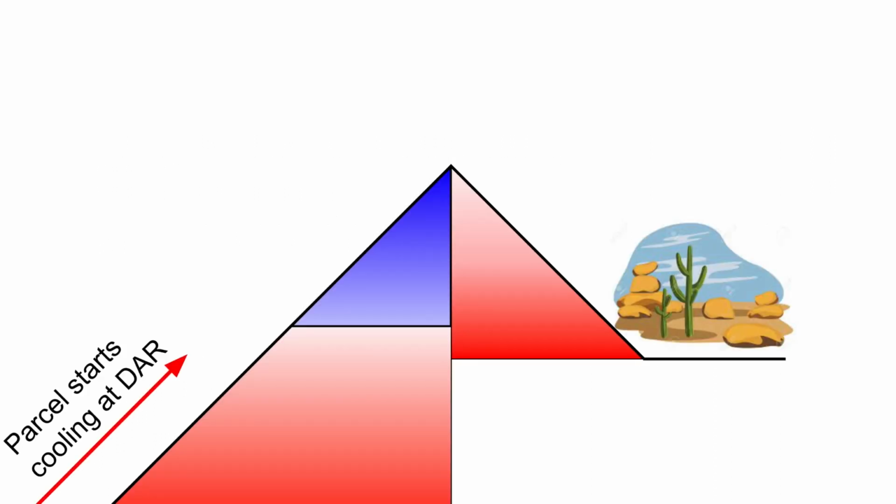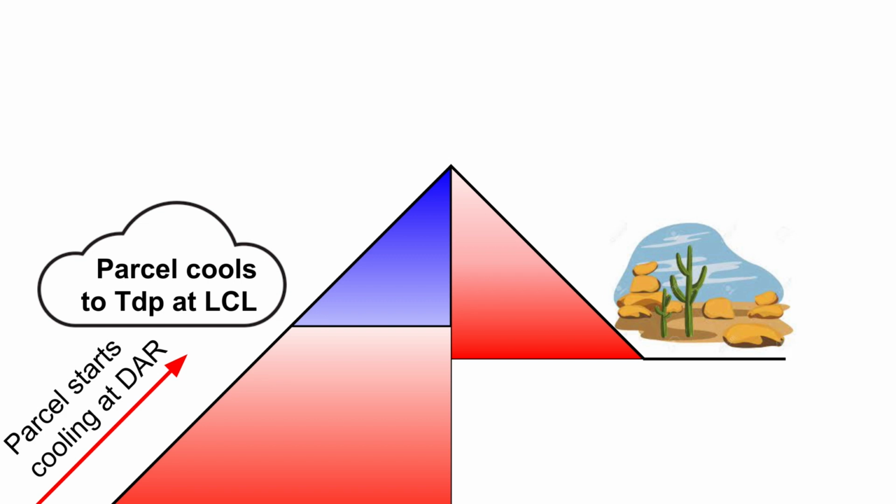So a parcel, once it starts rising, is going to start expanding and cooling at the dry rate. As that parcel rises, it will eventually cool to dew point temperature. The elevation at which it cools to that is called the lifting condensation level, the LCL. Once it cools to dew point temperature, as it keeps going up, the parcel will cool at the moist rate.